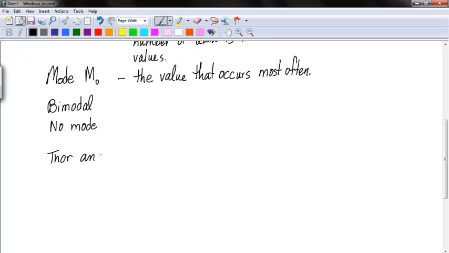Now I want to look at an example. Thor and BC are comic strip characters, and they are playing golf.